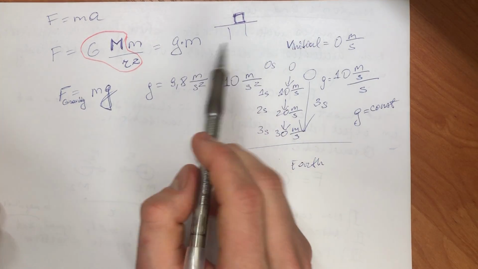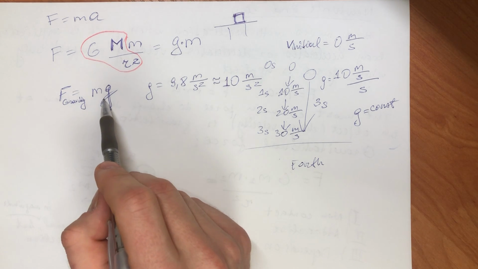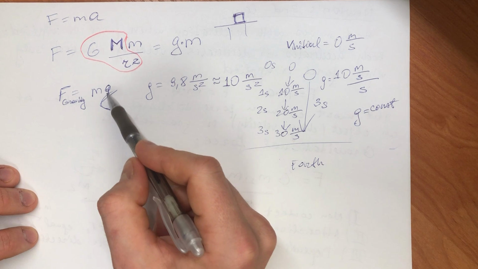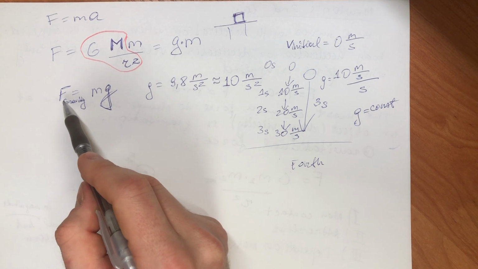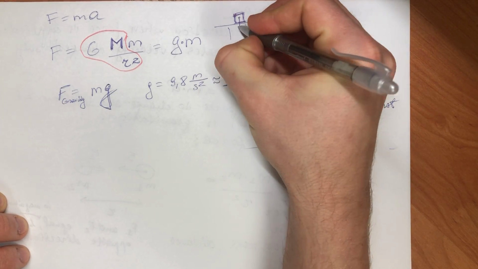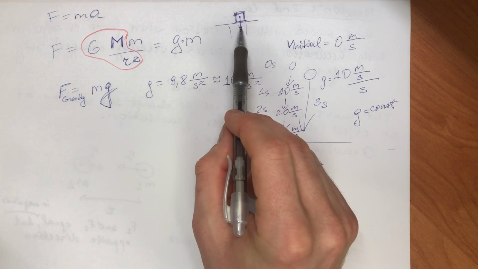But when we speak about movement, we express this equation as mg, and we write that it is F gravity, that some object is pulled by gravitational force, but we don't say gravitational, we just use gravity.